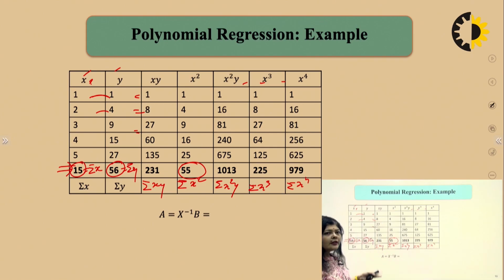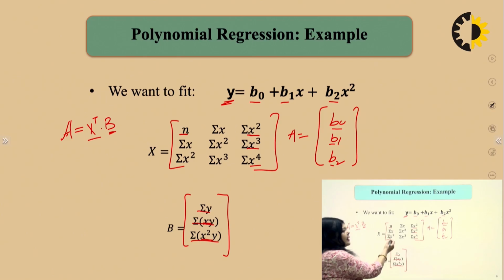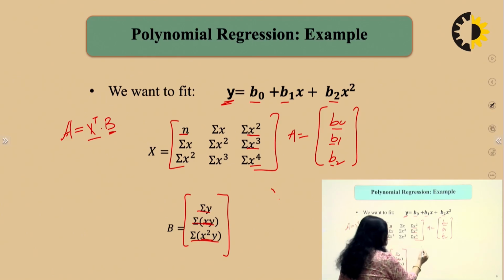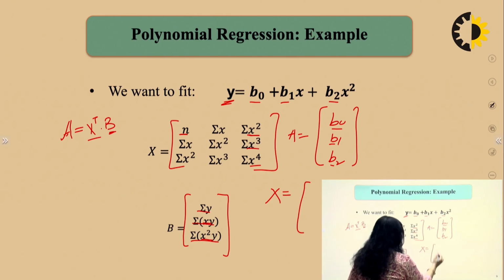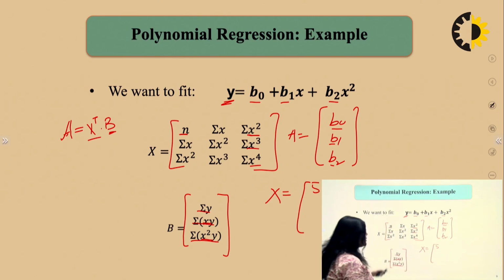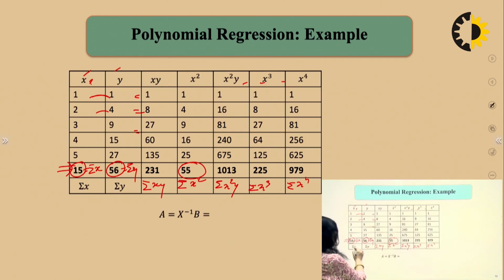Now once all these values are with us, we can create our matrices like this. The first thing I put here as my x will be 5, the number of observations. Then I need the value of summation x, which I can find from here.